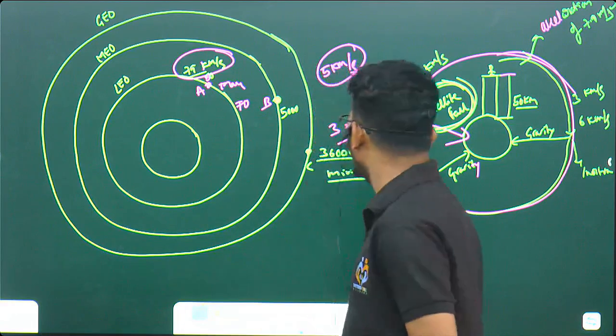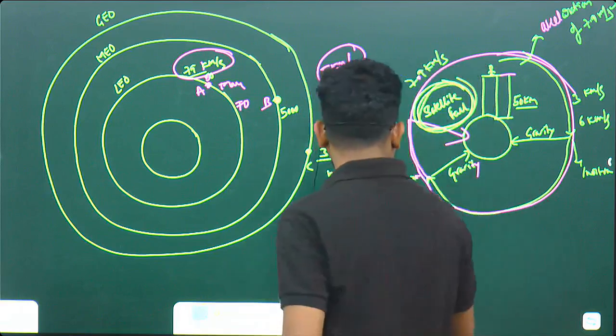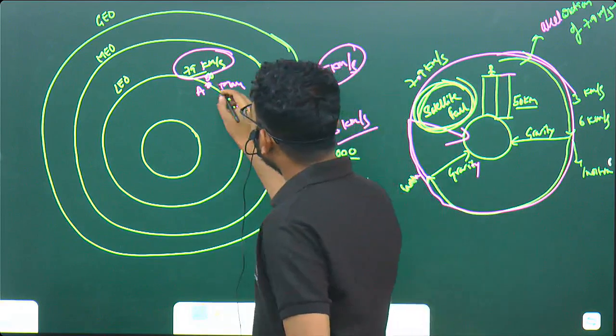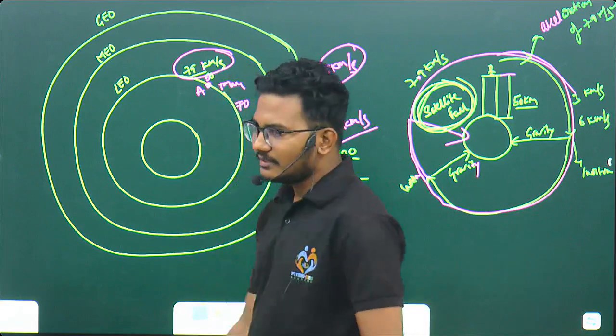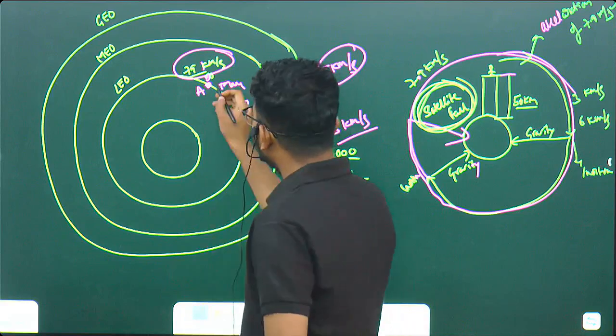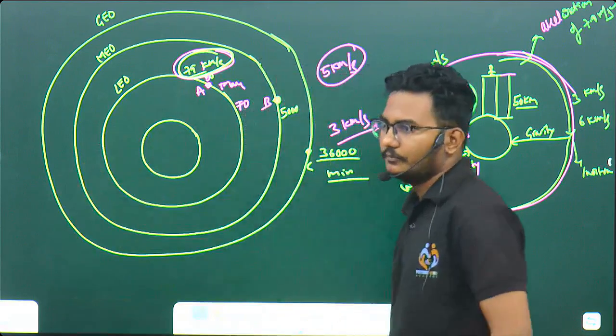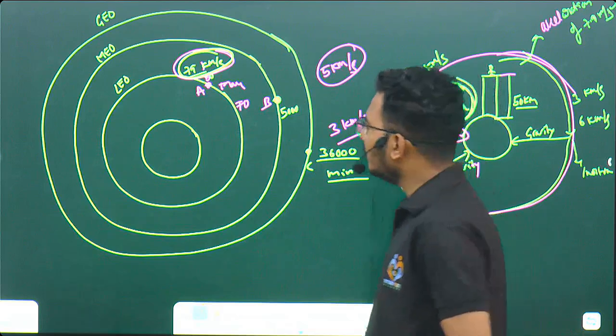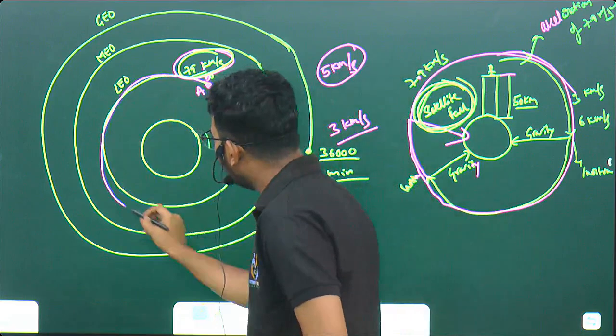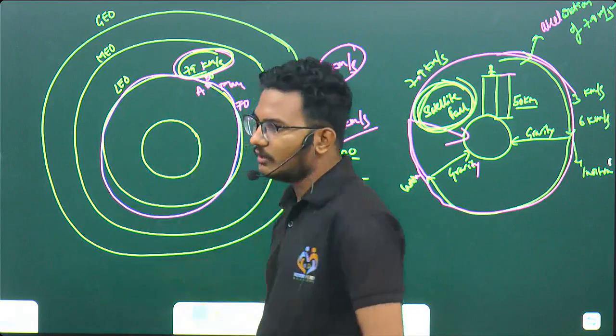Okay. Done. Now write down one more thing. See, here there is a satellite which is going at a speed of 7.9 kilometers per second, and it has to cover an orbit.